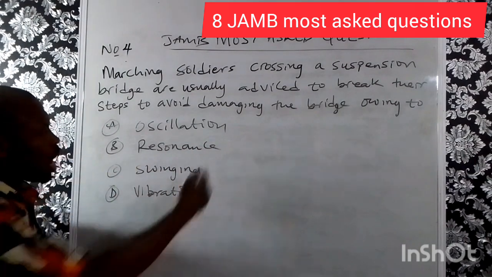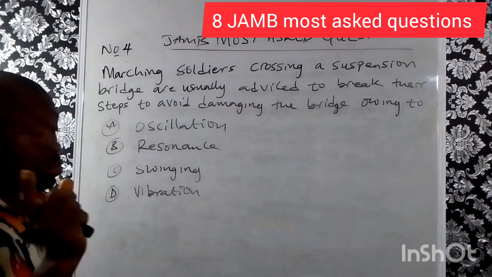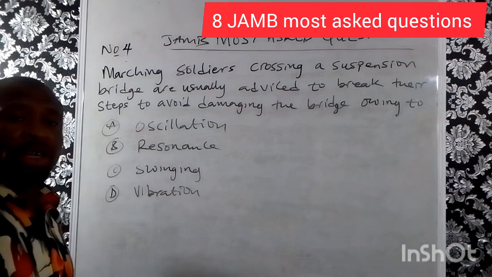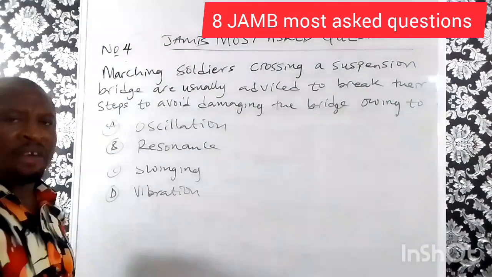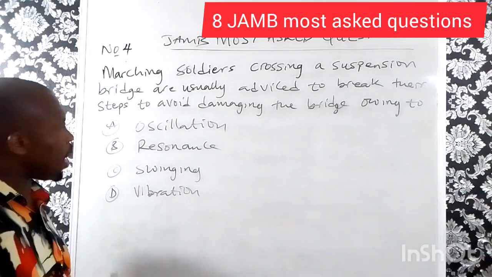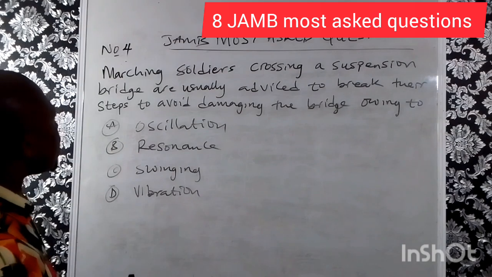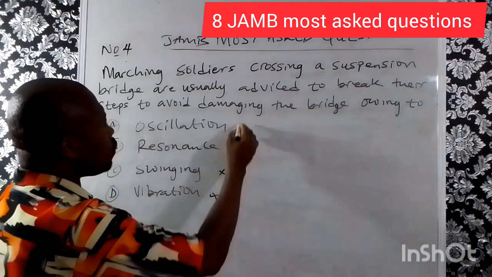In fact, options 1, 2, 3 mean the same thing. Oscillation can be to and fro, back and forth, or up and down. So this one is off, this one is off, this one is off.